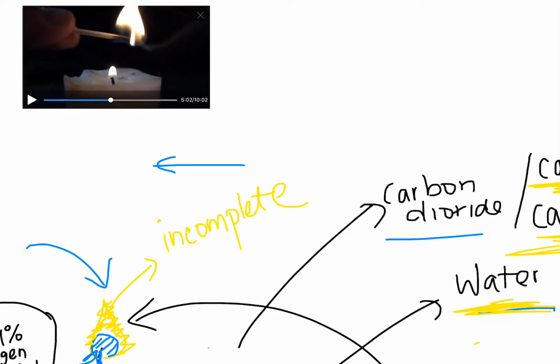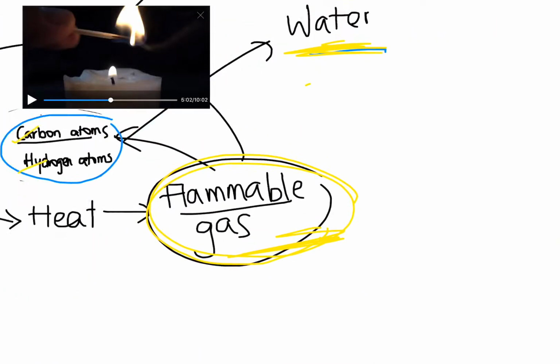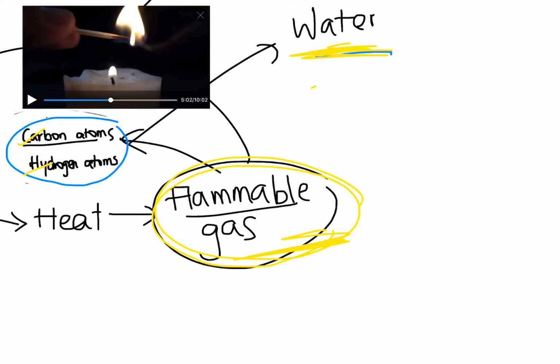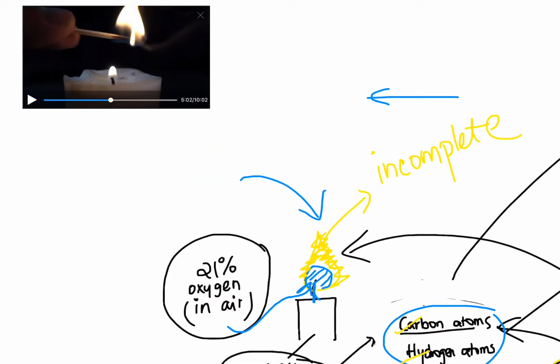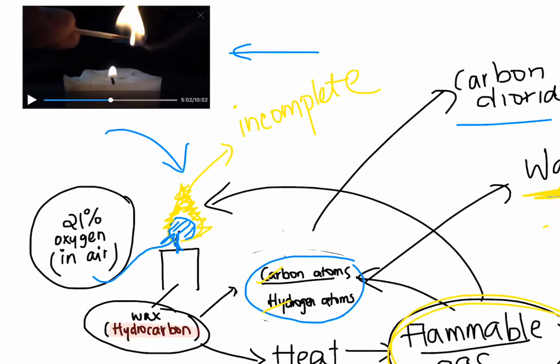You see how the smoke, which contains the flammable gas, catches fire and brings the heat to the wick, so the wick lights up again. So in a candle, you have both complete and incomplete combustion.